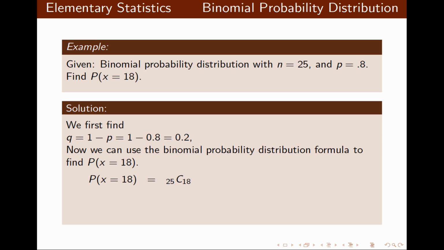So that would be 25C18, which calculates the number of different combinations that this can occur, times p to the x power times q to the n minus x power.